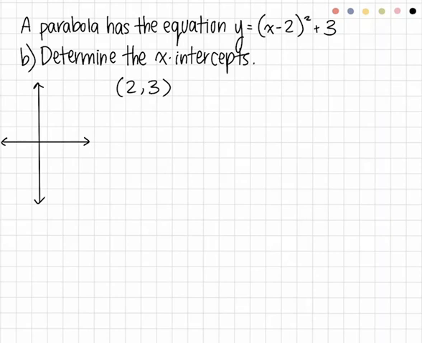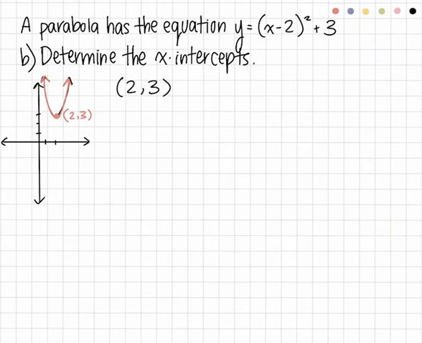So let's see, 1, 2, 1, 2, 3. Okay, so I'm going to plot it right here. Here's our vertex. Do you remember the direction the parabola is opening? It's opening upward, like this. I'm going to use a different color. It's opening upward, right? And here is (2, 3).